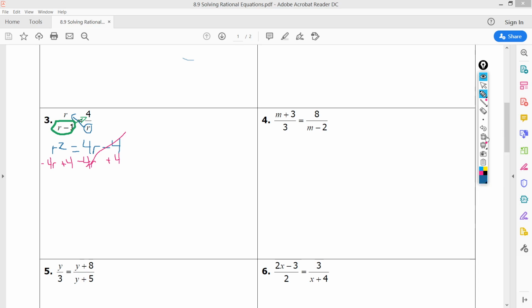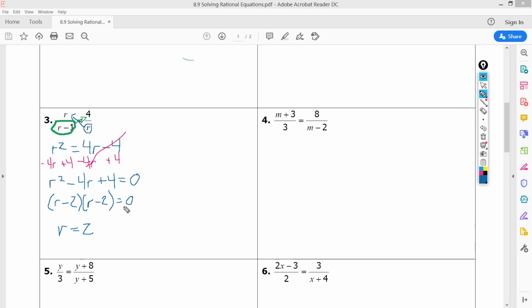And now what I have is r squared minus 4r plus 4 equals 0. And this factors into r minus 2, r minus 2 equals 0. So what's r? r is 2. Don't write it twice. It's just 2.